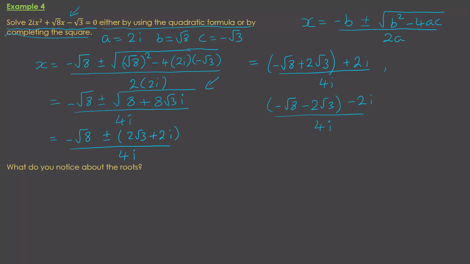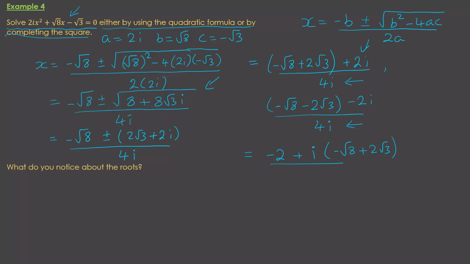Now we don't want the i in the denominator here and here. So we could multiply top and bottom by i, and then we would have, so this one gets multiplied by i, it will be 2i squared, which is negative 2. And then we would have plus i into negative root 8 plus 2 root 3.